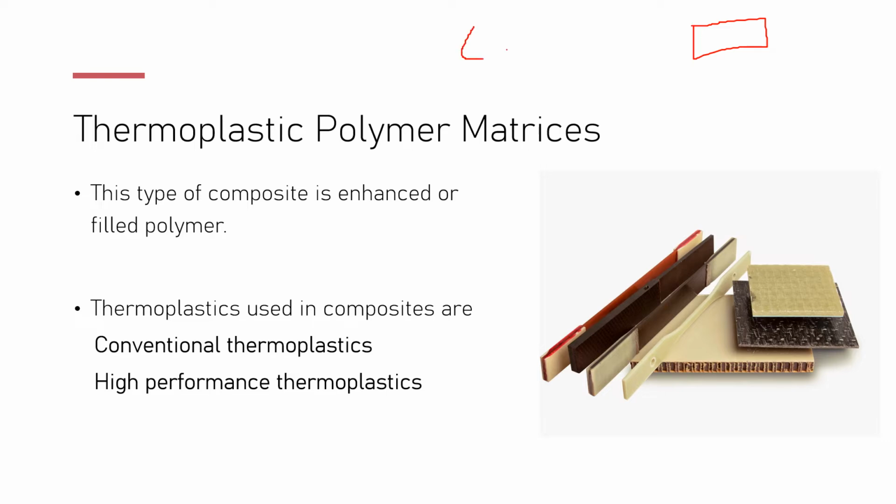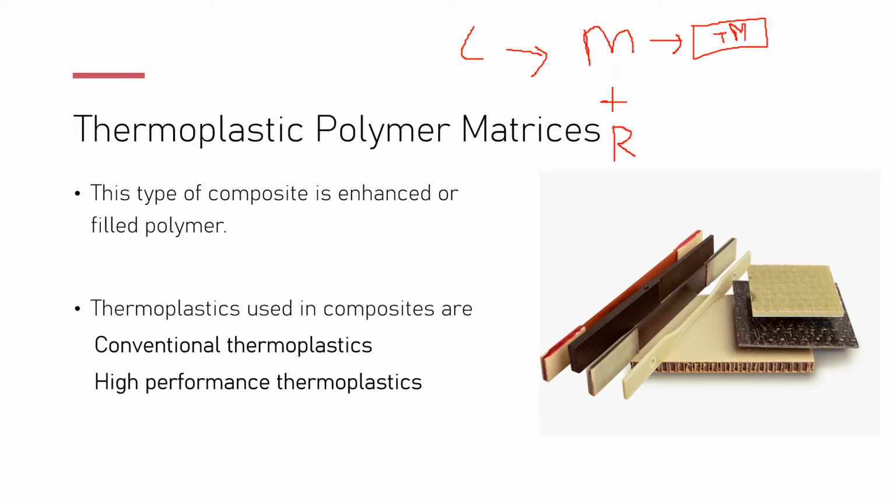So in order to make the composite, I need matrix, and then I need reinforcement. So here for the plastic polymer, we're dealing with two plastics. The very first one is a thermoplastic matrix.